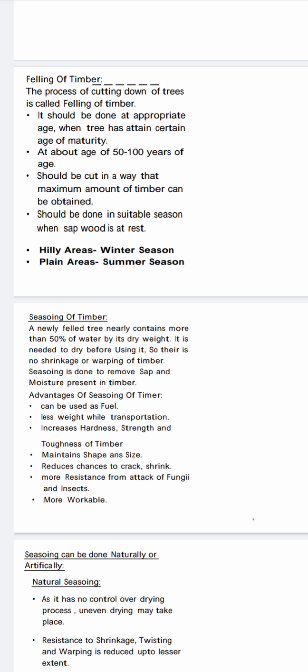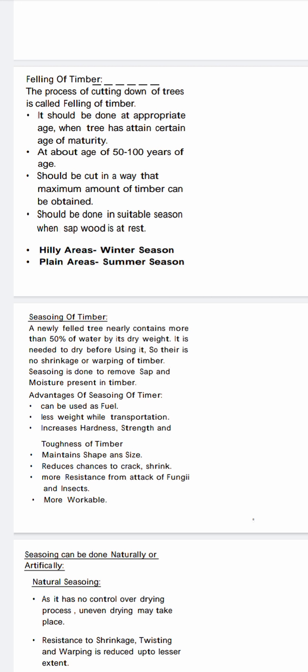Seasoning of timber. A newly felled tree contains more than 50% water by its dry weight. It needs to be dried before use so that there is no shrinkage or warping of timber. Seasoning is done to remove sap and moisture present in timber.